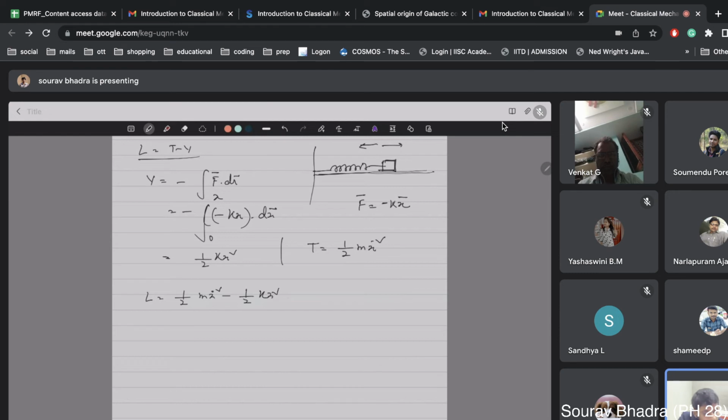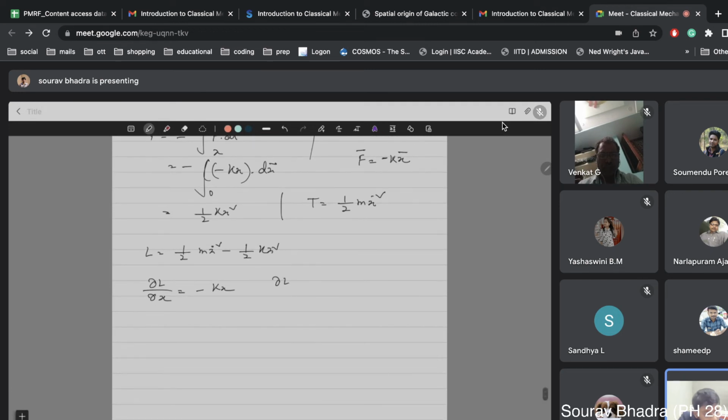Now we use the Lagrange equation. ∂L/∂x is minus kx, and ∂L/∂x dot is m x dot.